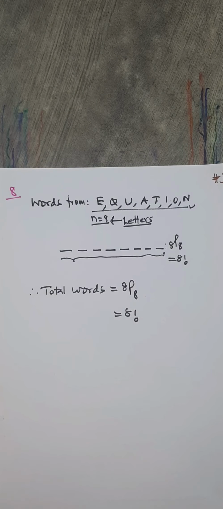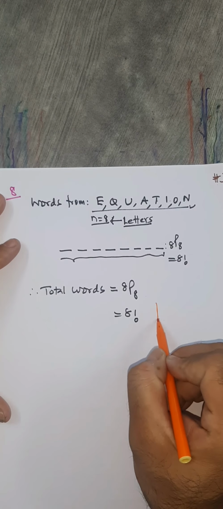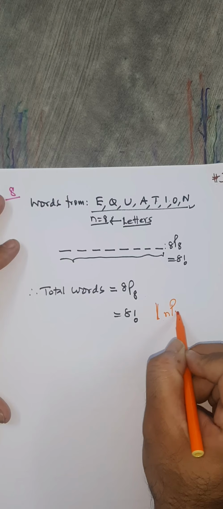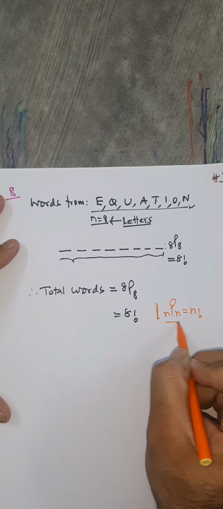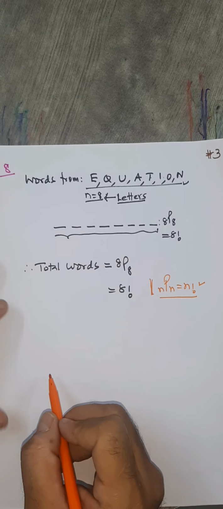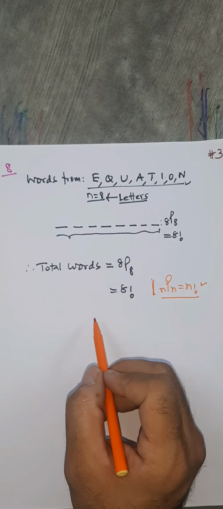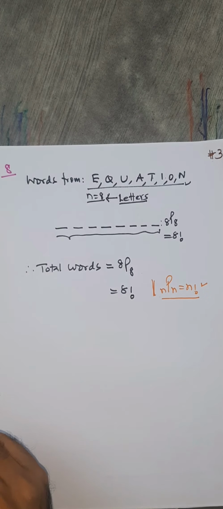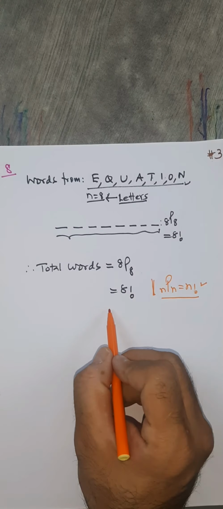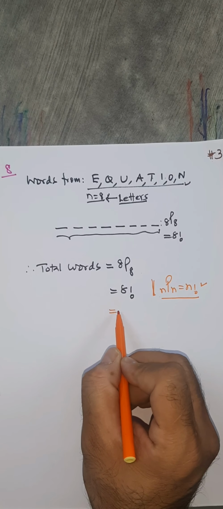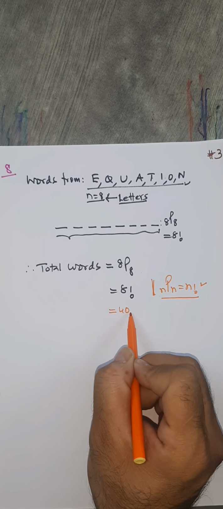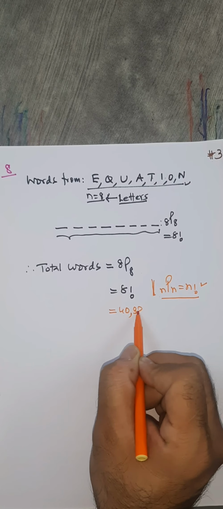Understood? You know npn is n factorial. ये आप जानते हैं. What is npn? We already noted somewhere. You know it is n factorial. Fine. So you have 8 factorial. Now what's the value of 8 factorial? You can just calculate it. It is 8 into 7 into so on. It is 40,320, you know.